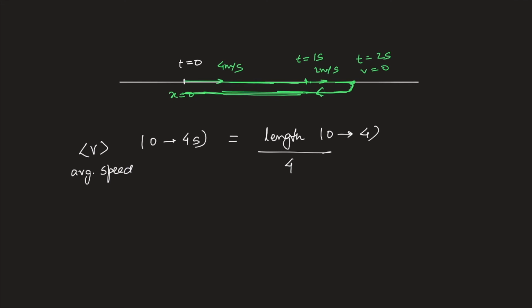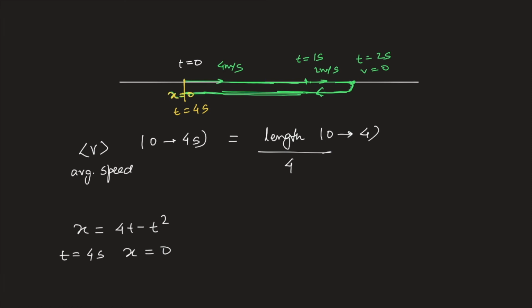So what is the length of the path? In order to find the length of the path, I need to know the position of the particle at t equals 4 seconds. So coming back to the equation, x equals 4t minus t square, t equals 4 seconds will tell us that x equals 0. So the particle has come back to the starting point x equals 0 at t equals 4 seconds.